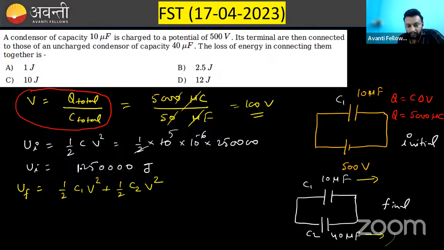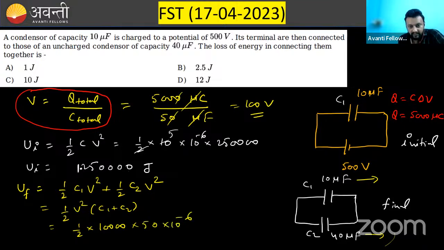I have put the potential the same because in both cases the potential is common, which is 100 volt. Half and V square are common, so it becomes C1 plus C2. Now place the values: half V square is 100 square, and C1 plus C2 is 40 plus 10, which is 50, into 10 raised to the power minus 6.